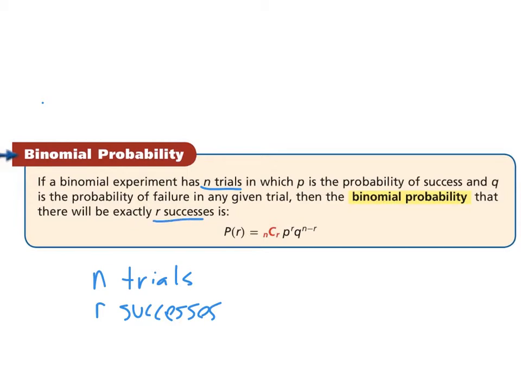That's defined right here. And then we need to know p, which is the probability of success, right? That's stated here. And q is the probability of failure, right? So those are the things we need to know.